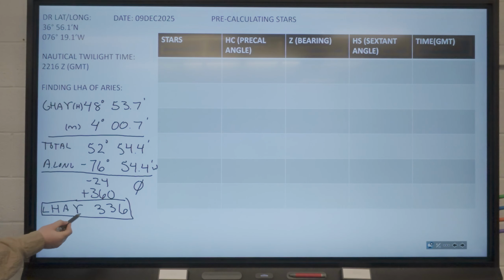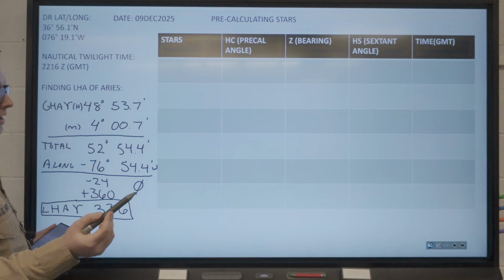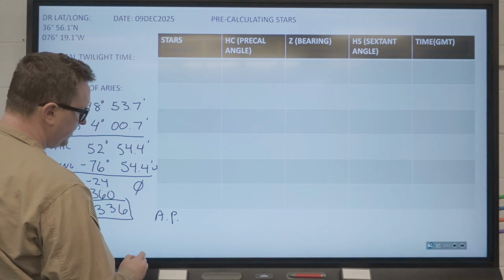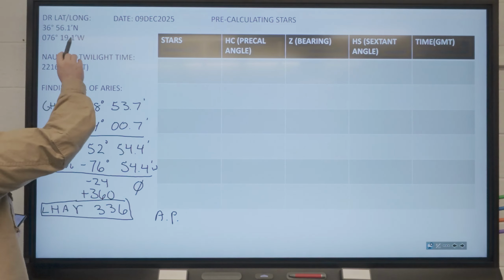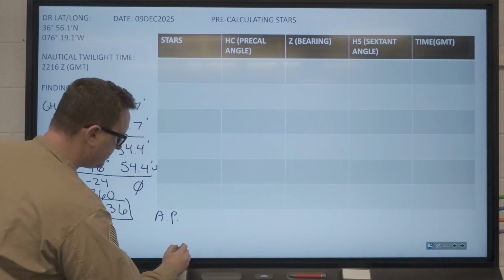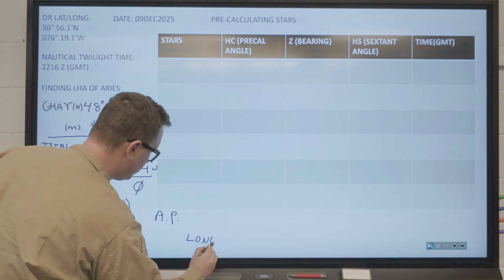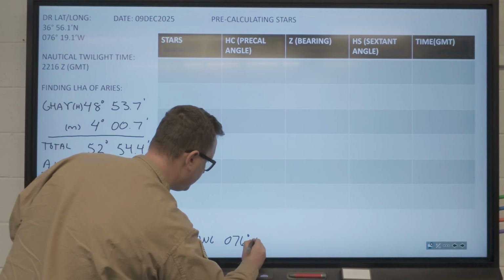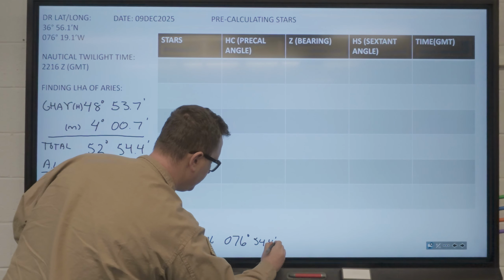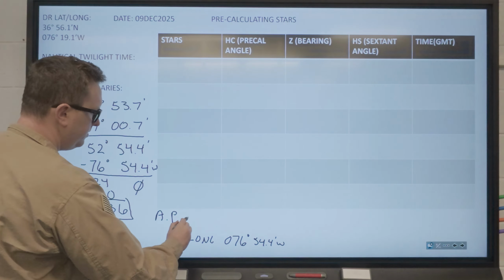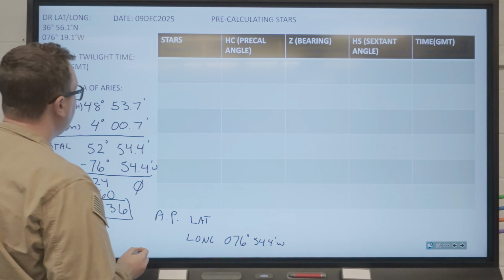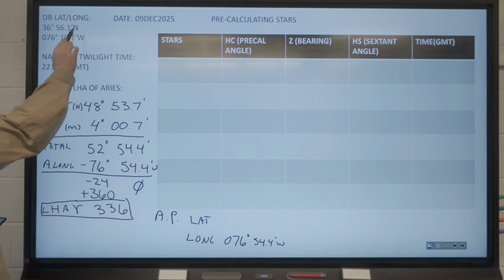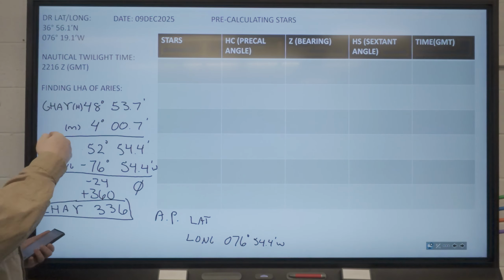All right, with your LHA and your assumed latitude, now we can go ahead and plug in our assumed position. Assumed position is basically taking your longitude from here, 76 degrees, 54.4 west. And for our latitude, I'm going to go ahead and round this to the closest degree, because our minutes are literally less than 4 from the next whole degree.